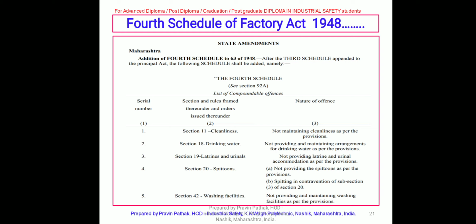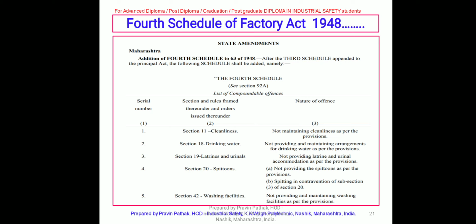For example, section 11 cleanliness. Not maintaining cleanliness as per the provisions. If the cleanliness is not maintained as per section 11, then it acts as an offense and some penalty or provision is there.